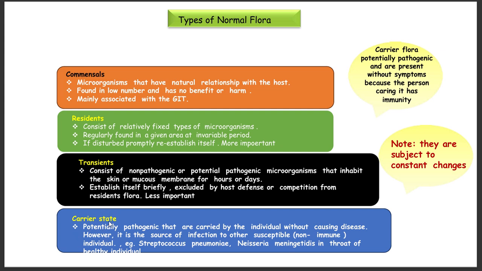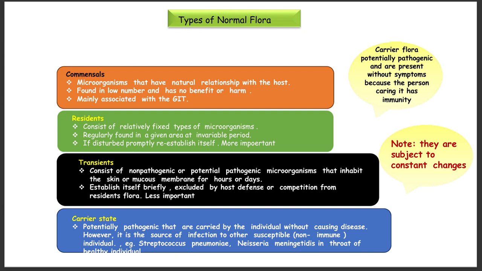And then you have got the carrier state, potentially pathogenic, that are carried by the individual without causing disease. However, it is a source of infection to other susceptible individuals, those that are non-immune. For example, Streptococcus pneumoniae and Neisseria meningitidis in the throat of healthy individuals, they can be fine.